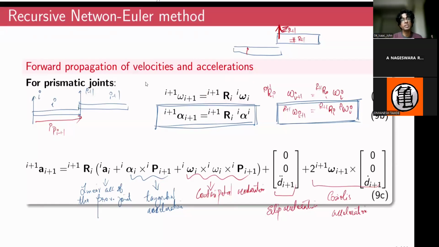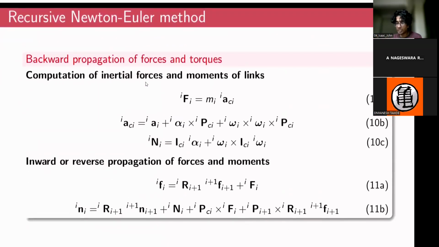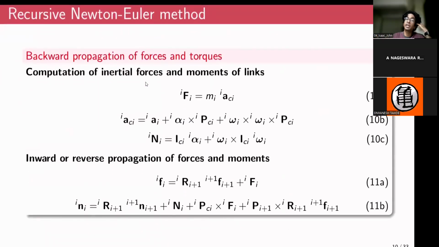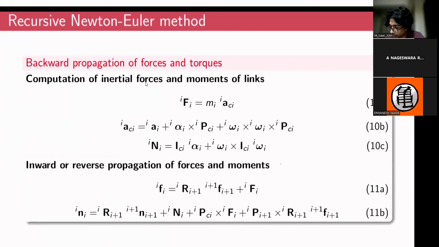Right. So once you propagate the velocities in the forward direction, starting from the ground all the way to the end effector, the next procedure is to propagate the forces and moments in the backward direction. For example, if you consider a 2R robot, something like this, we have the first joint, maybe I'll represent it as R1, and I'll represent this as R2.